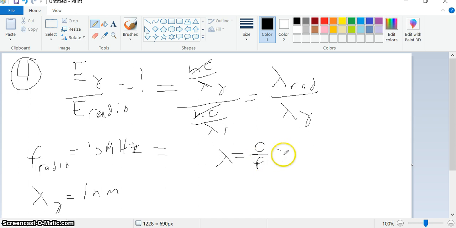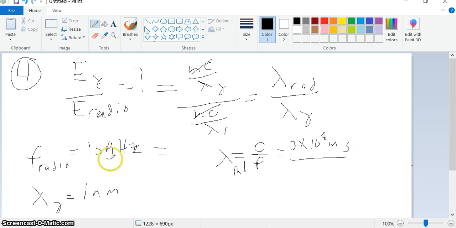So we're going to calculate lambda radio right now. Lambda radio is going to be 3 times 10 to the 8th meters per second divided by the frequency they gave us.